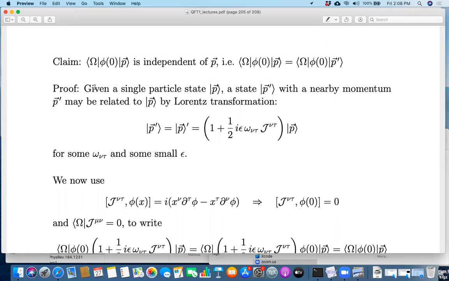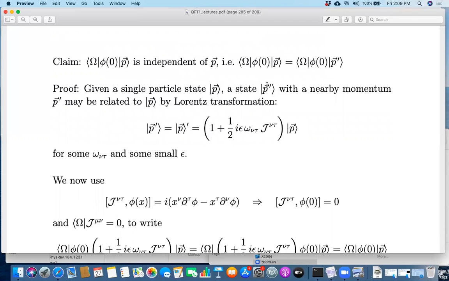Okay. So let's suppose that we are given a single particle state p. Then for any other momentum which is nearby, let's say, okay, so first of all, let me state the following result, that if you have two arbitrary momenta, both referring to a single particle of the same mass m_P, then it's a general result that there is always a Lorentz transformation that converts one to the other.